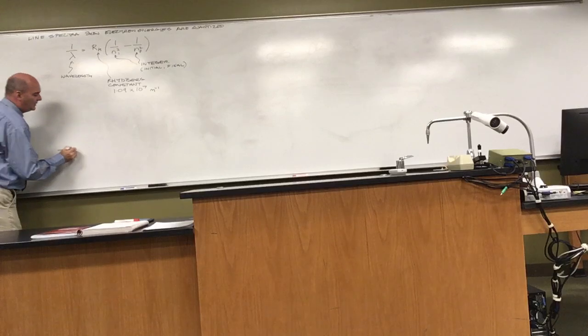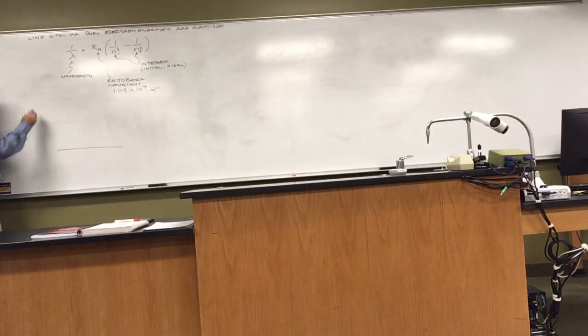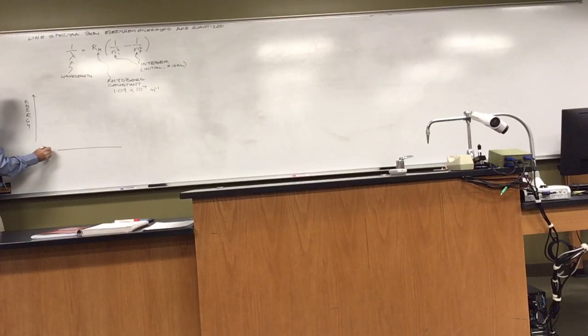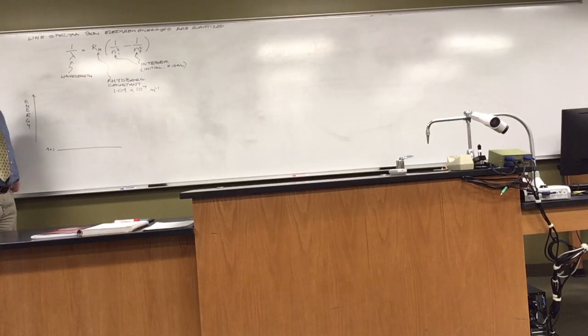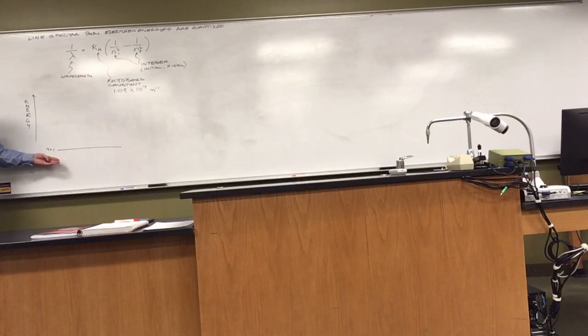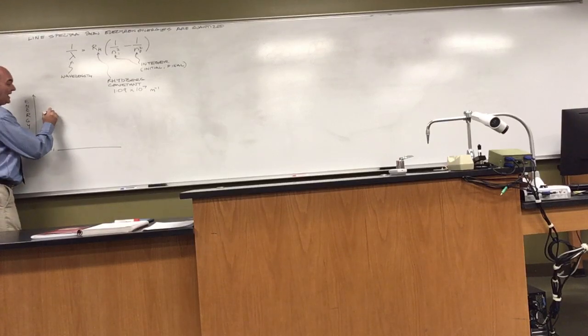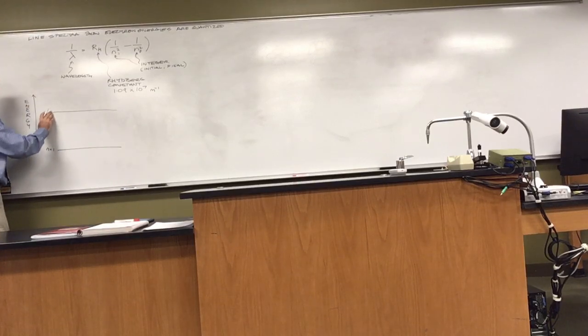And it's because of this. This is what's happening. If I plot energy this way, I'm going to say that my electron is allowed to have this much energy. Now it's also allowed to have this much energy.